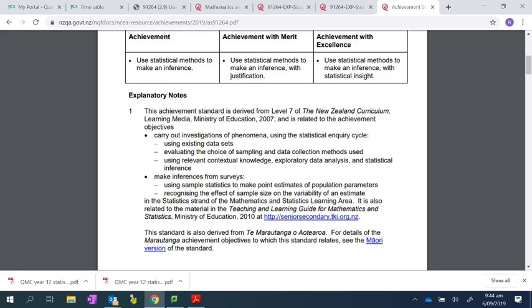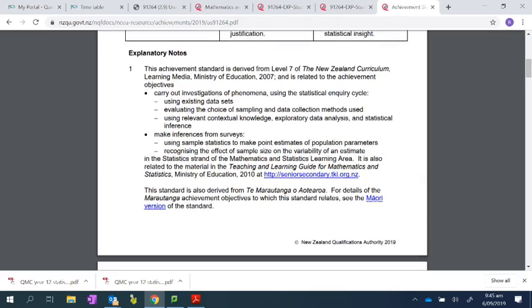And then finally, use statistical methods to make an inference with statistical insight. After analyzing the data, this clearly shows, et cetera, right? You refer to the data and you go back and make sure that you understand and can explain where the numbers came from and why you made the inference you did, okay?